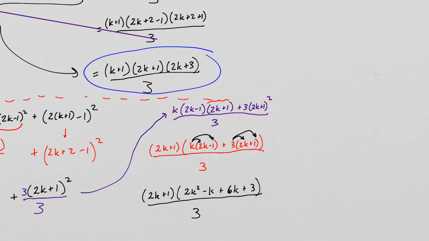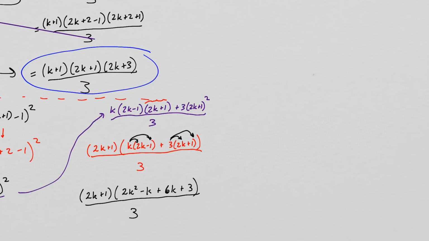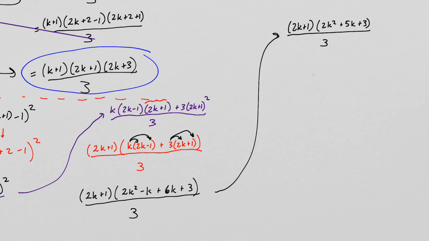So let's recombine some like terms. I'm moving up to here, and I'm so sorry for the messiness of this. So this is 2k plus 1 multiplied by 2k squared plus 5k plus 3, all over 3. And the hope that I have is that we can factor this second parenthesis.